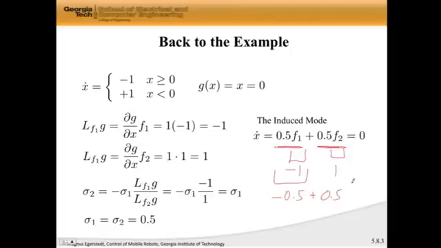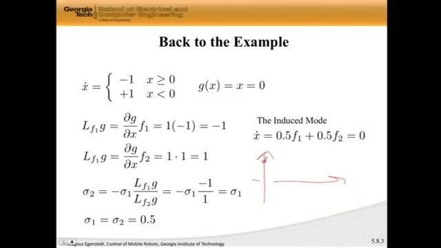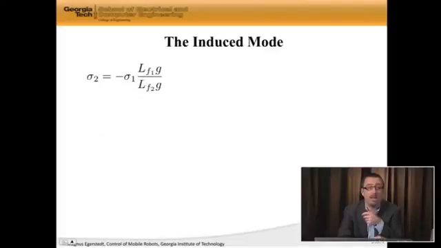So I know that my induced mode in this case is x dot is equal to 0, which is exactly what we wanted. Because remember this picture that we've drawn over and over again. We want to start here, get down here, and then keep staying at 0. And the math turned out to work out in this case.